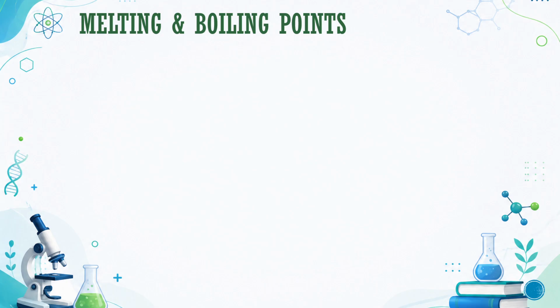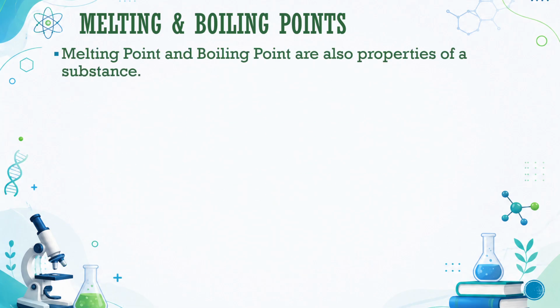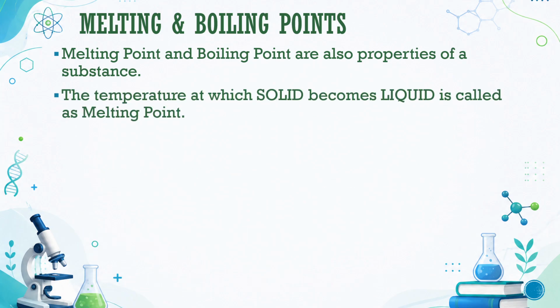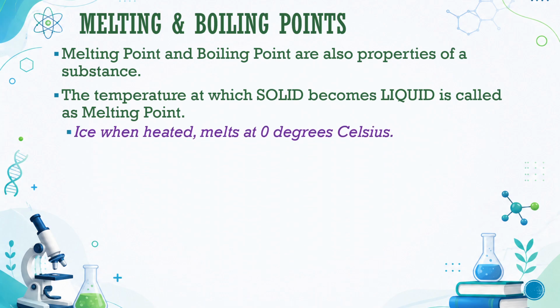When we talked about the state of matter, the primary part of it was adding the heat. Based on the heat being added to a material, there are properties for the material which are the boiling point and the melting point. So melting point is basically the temperature at which a solid becomes liquid. When ice is heated, it melts at 0 degrees Celsius.